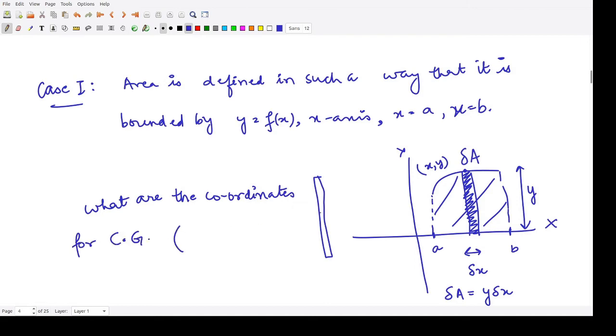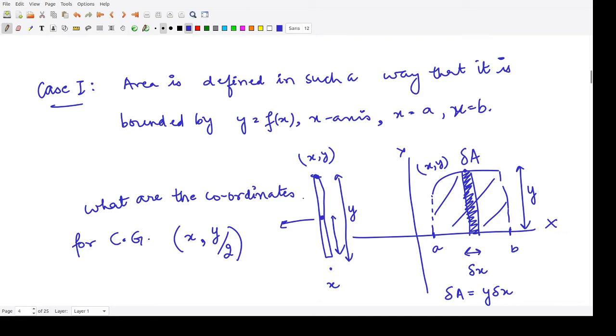So the center of gravity would locate somewhere here. So suppose this total length is y, and at this point we have x, right? Because this point was nothing but x comma y. So the x coordinate would be as such, and the y coordinate would be y by 2, because the center of gravity would lie exactly at the half portion of it.